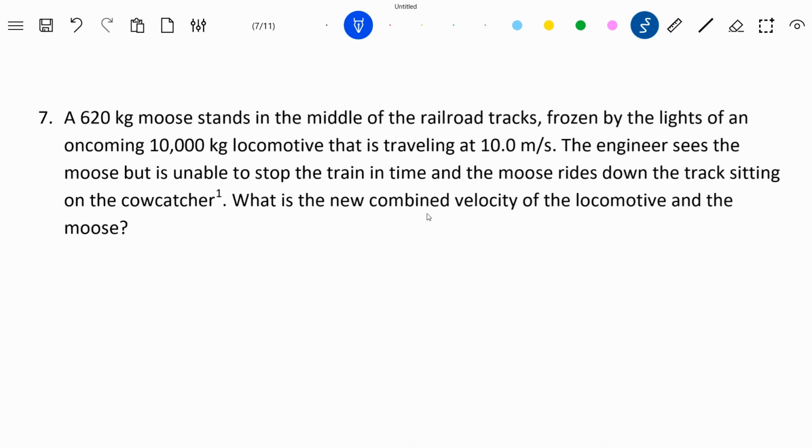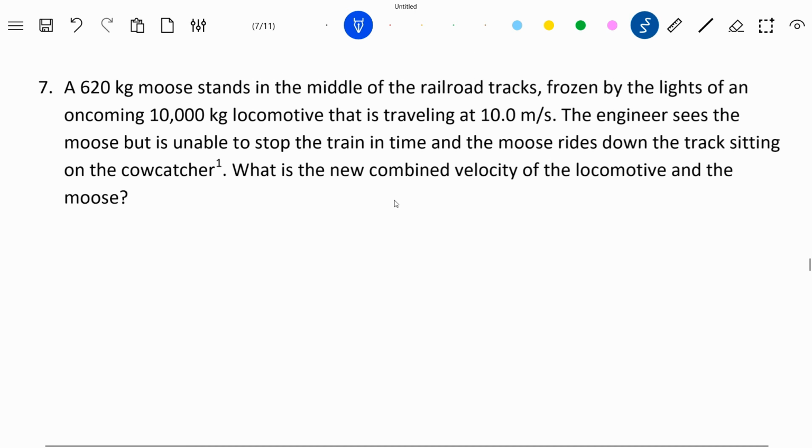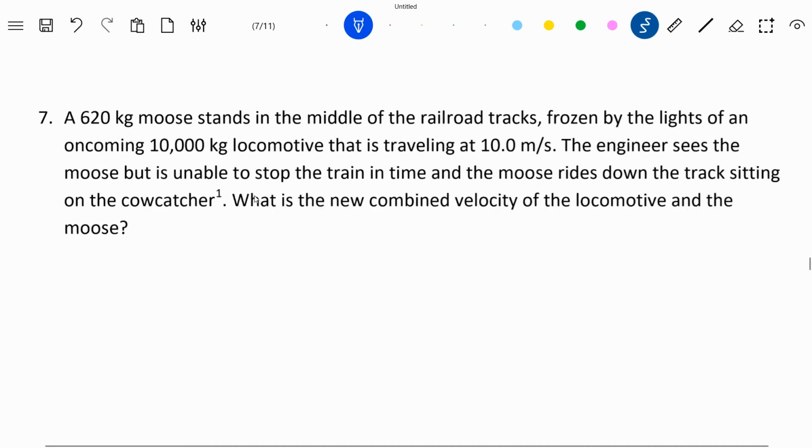Okay, these numbers, I can't help but point this out. A real train, especially a full-on train, not just one car, is way, way, way more than 10,000 kilograms. But hey, nice simple numbers. Realistically, a moose is a big animal, but compared to a train, it's like hitting a fly.